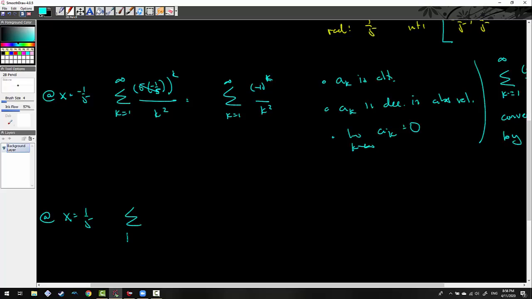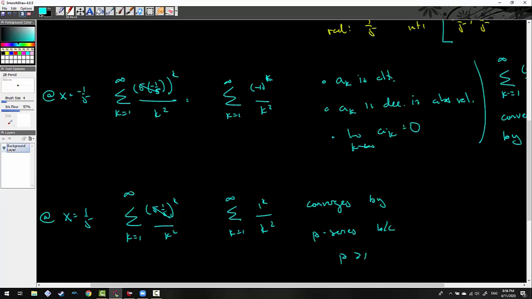Good stuff. Now at the other endpoint, the sum from k equals 1 to infinity of 5 times 1/5 to the k over k squared. So then you could say the sum from k equals 1 to infinity of 1 to the k, or just 1, rather, over k squared, converges by p-series because p is greater than 1.